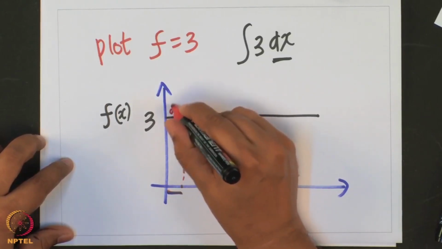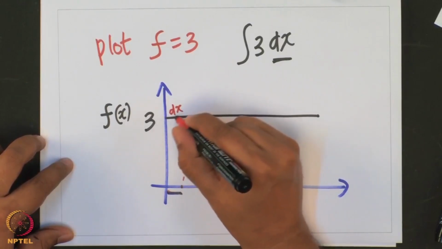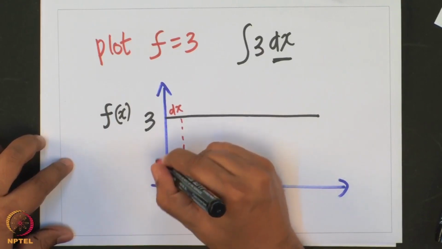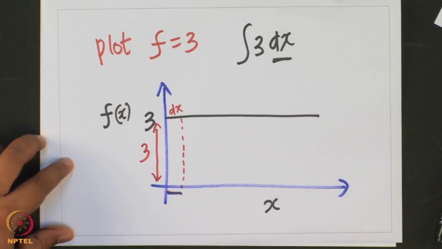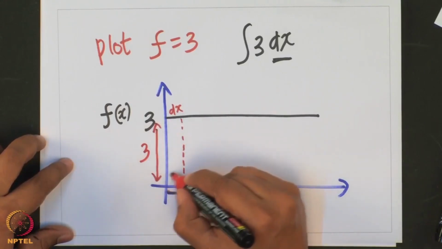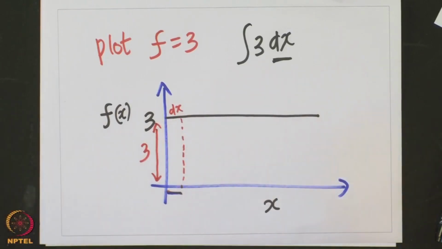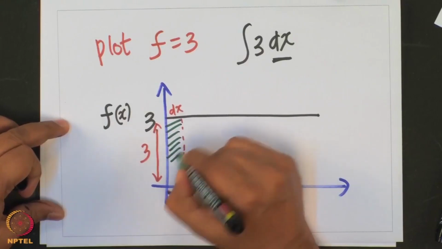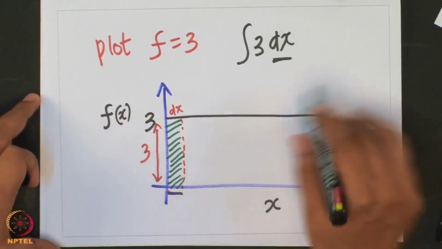This is my dx, this small length, and 3 is this height. So this height times this width, which is dx, means 3 dx will essentially turn out to be the area of this shaded area.